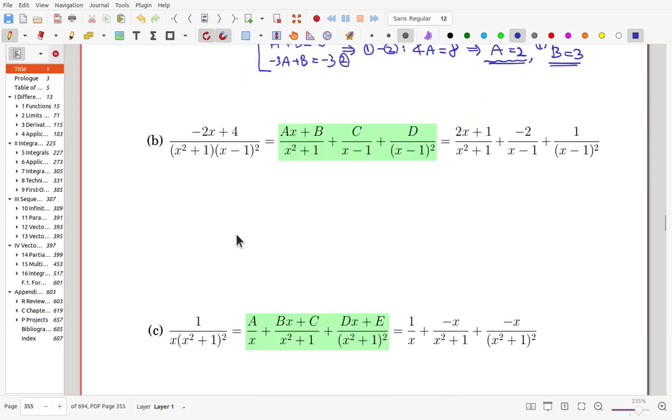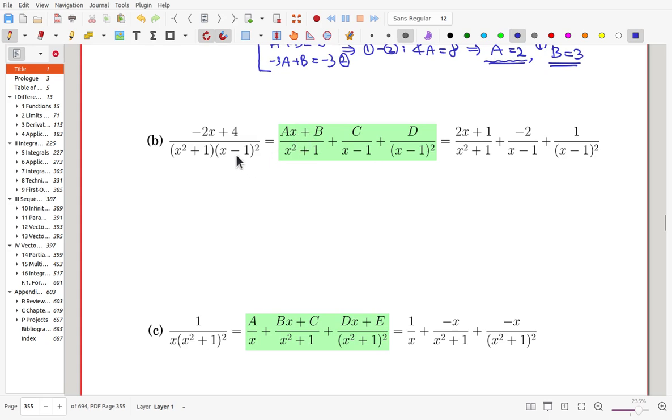Okay, now for this expression, the factors are x squared plus 1, which is a quadratic factor, and x minus 1, which is a linear factor, but it is squared. In this case, you have to assign one quadratic factor, and the top must be linear.